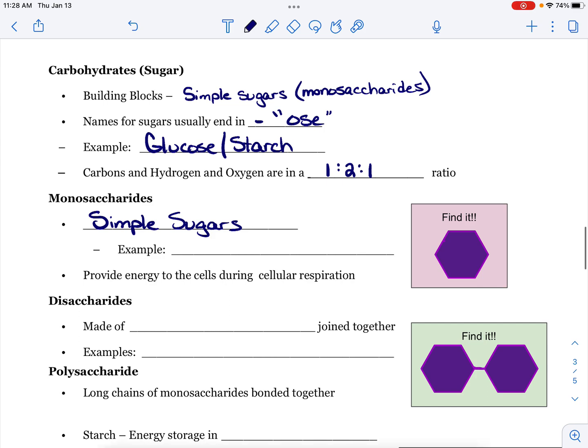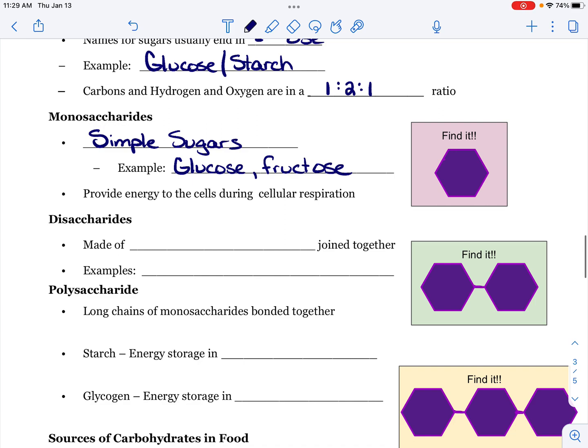The examples we gave were glucose and fructose, which is the monosaccharide we find in fruit. Galactose is another example, which is found in milk, and they provide energy. So go ahead and find a picture of glucose to put into the box to the right.